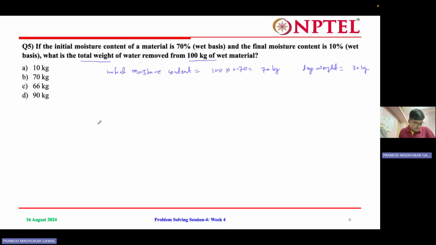So the final weight is equal to dry weight plus final water weight.